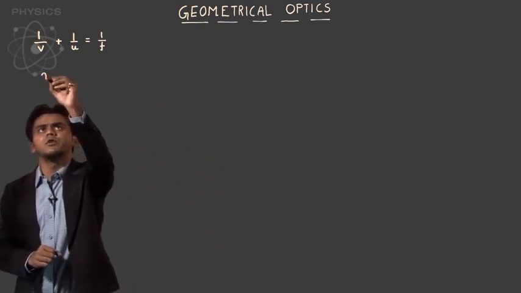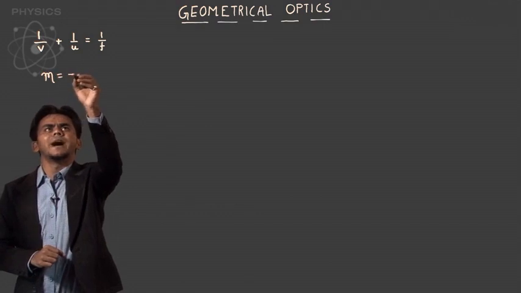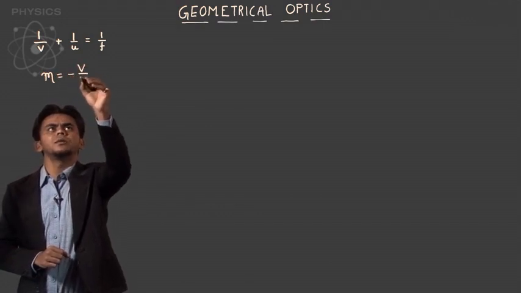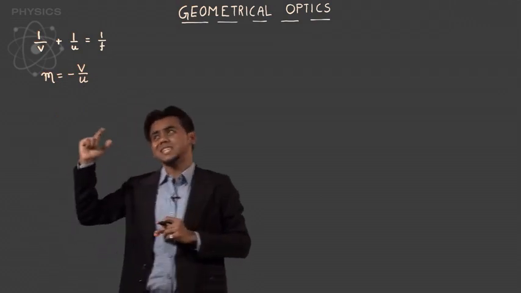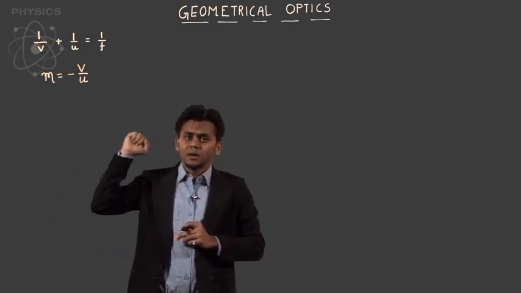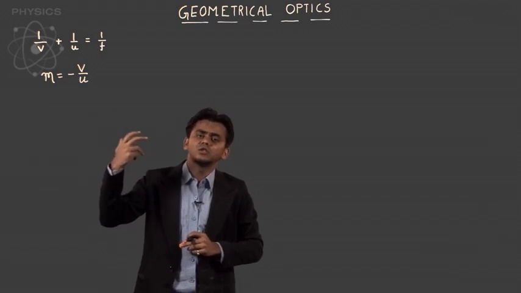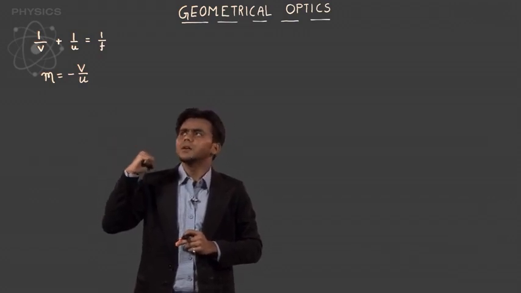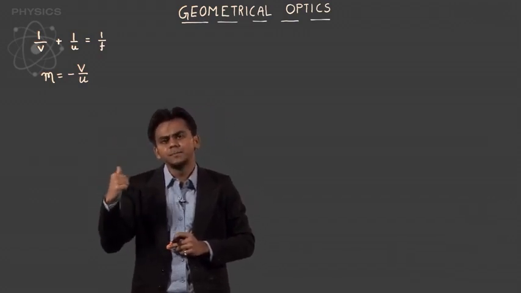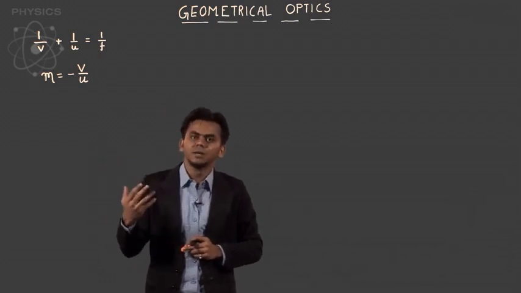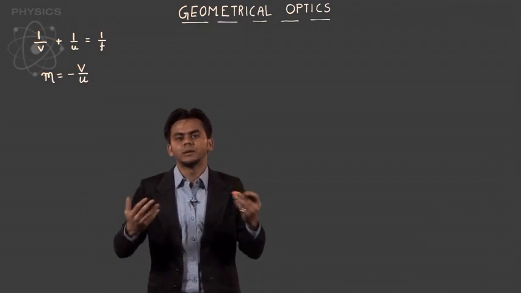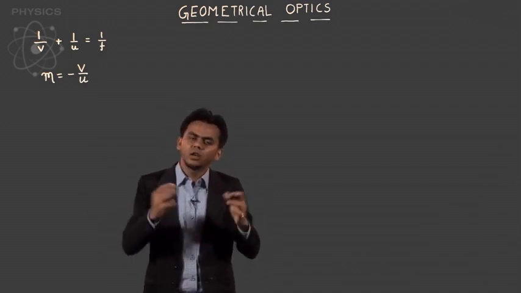That magnification formula is minus V upon U. And this can be used for some applications of mirrors, such as which mirror should be chosen for a beautician mirror or a dentist mirror, and which for a rear view mirror. So that we have done already.